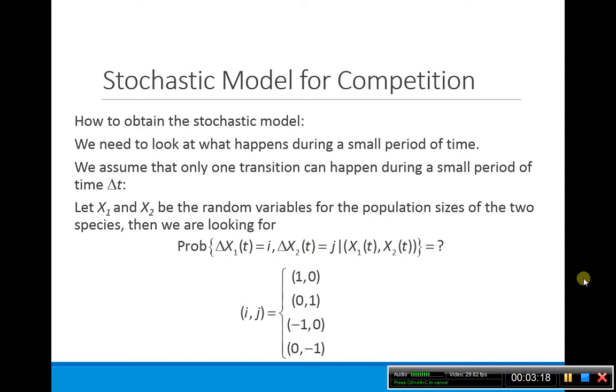With the SIS model, whenever I was increasing, S was naturally decreasing, because the only way you can increase I is by coming from S. In this model, however, I could have an increase in x1 and nothing happens to x2, or an increase in x2 and nothing happens to x1.